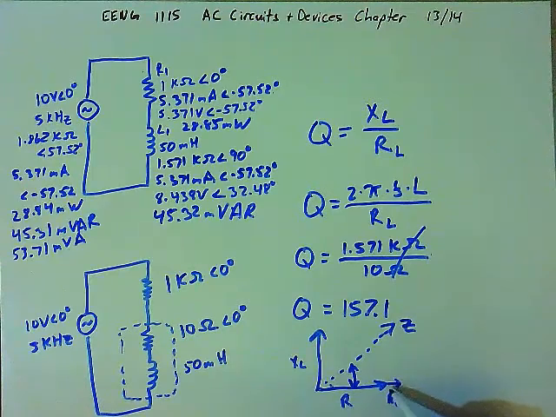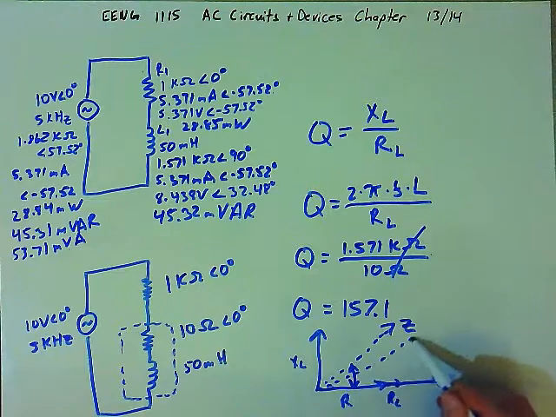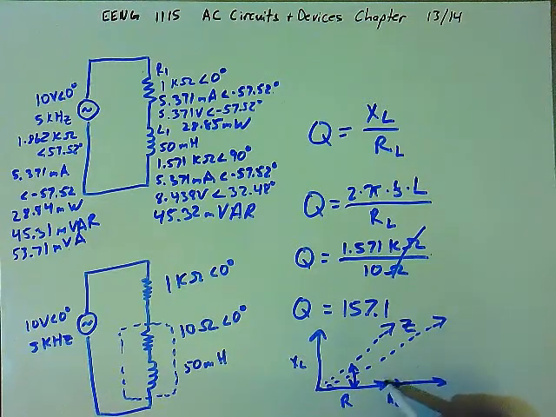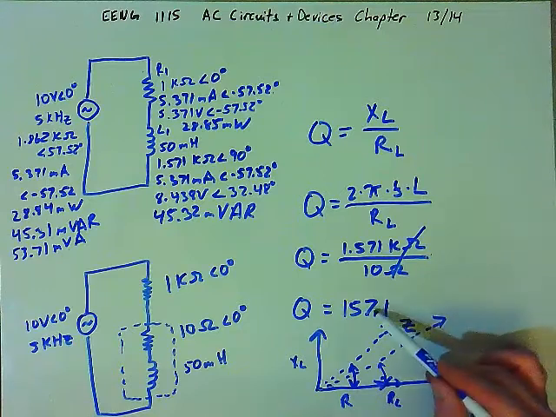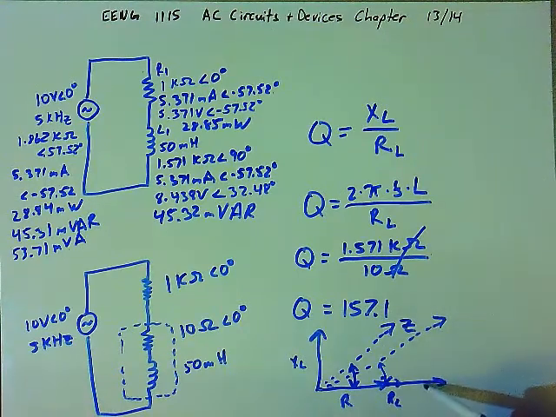If this is longer, for example, if R sub L was big, our Z would be out here somewhere, and you can see that the phase angle would be smaller, and the value of Z, the magnitude of the vector, would actually be longer. So higher Q's mean less of an effect of the resistance of the inductor. A small Q means a greater effect from the resistor of the inductor.